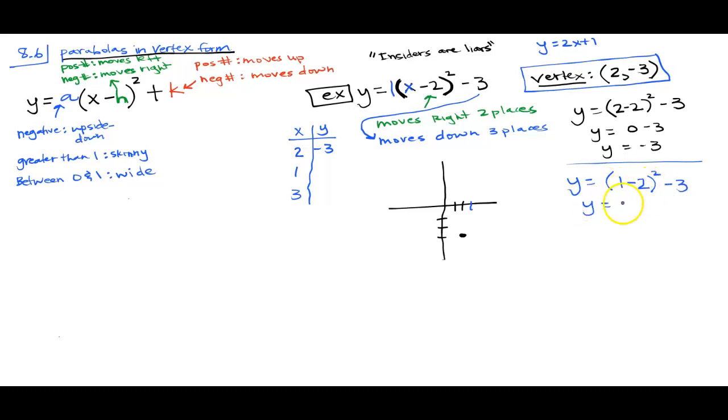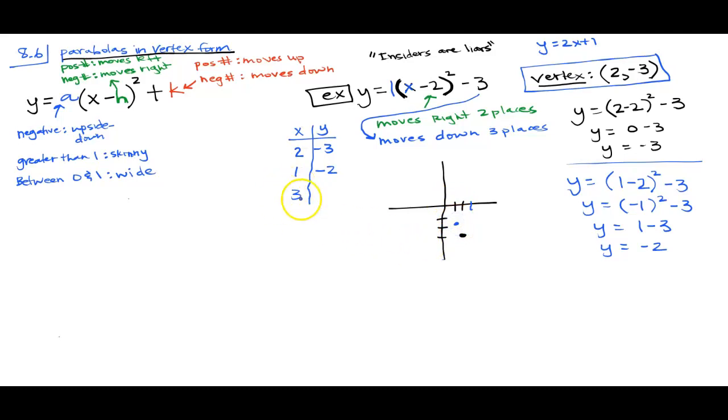So 1 minus 2 is -1, all squared minus 3. Well, -1 times -1 is +1, so this is really 1 minus 3, which is -2. When I put 1 in for x, I get -2 out for y. So that point would be over 1 and down 2, so about here.